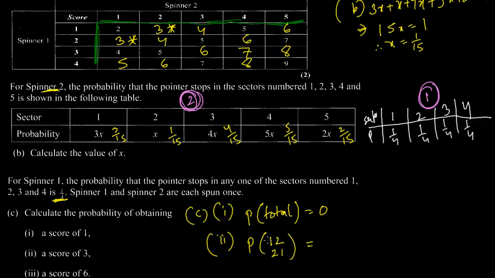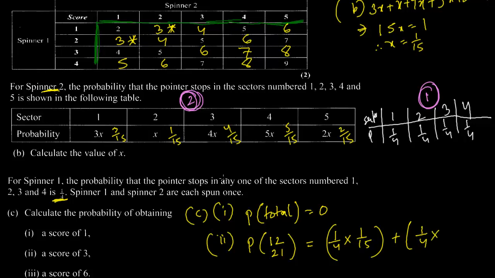Remember, 1, 2 means 1 in the first spinner, the probability is 1 by 4, and 2 in the second spinner, the probability of getting a 2 is 1 by 15, or 2 in the first spinner, which is 1 by 4, and 1 in the second spinner.